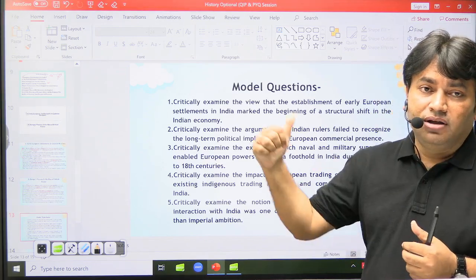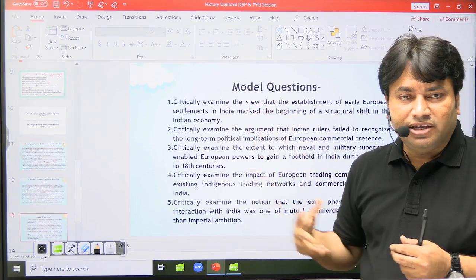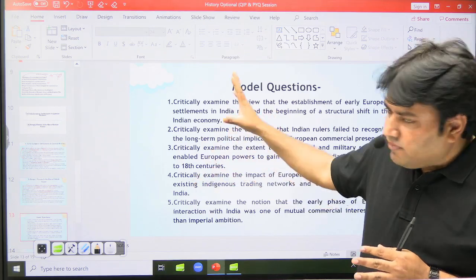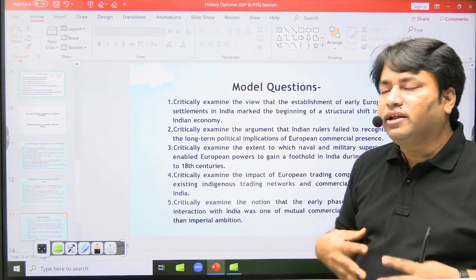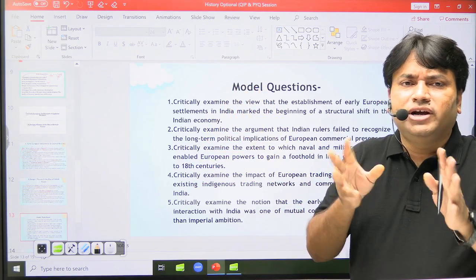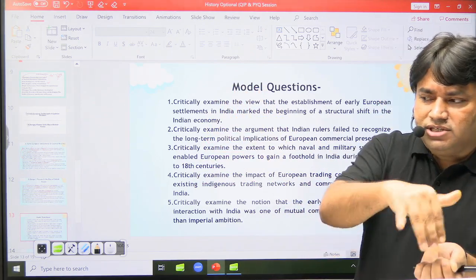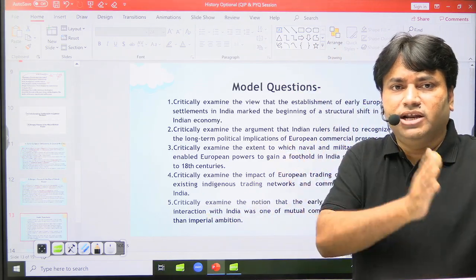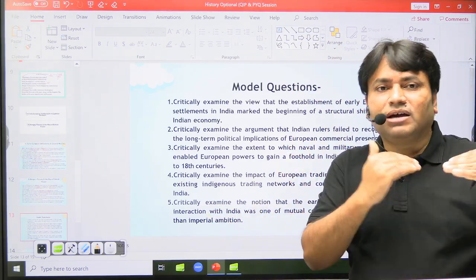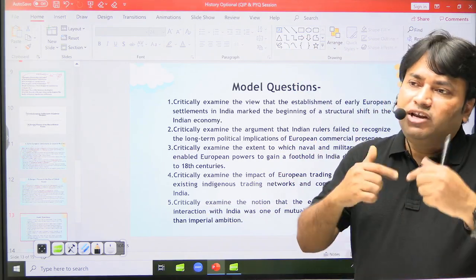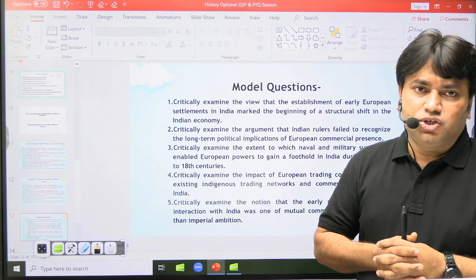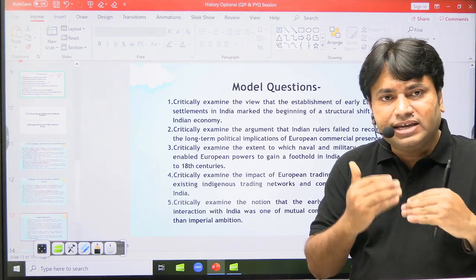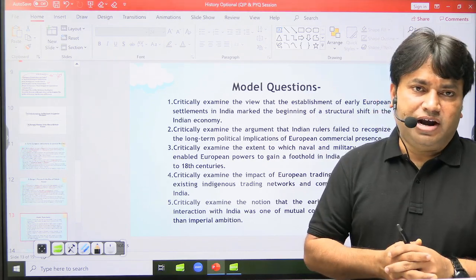For example, what I discussed, mercenary and kingmakers: I did not discuss the answer here. I will discuss the answer in 150 words. I will also display the answer here. But right now I have only discussed the approaches, that when we say mercenaries became the kingmakers, there are different ideas which can be related while critically examining the answer to that question. When you start thinking in this manner, you will develop an excellent command over answer writing in your mains examination.